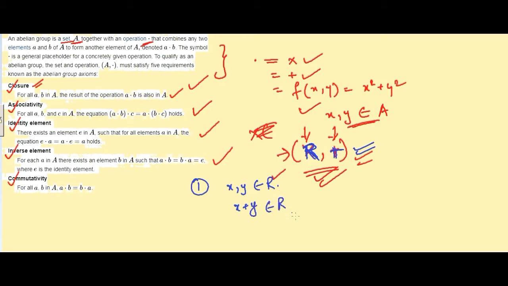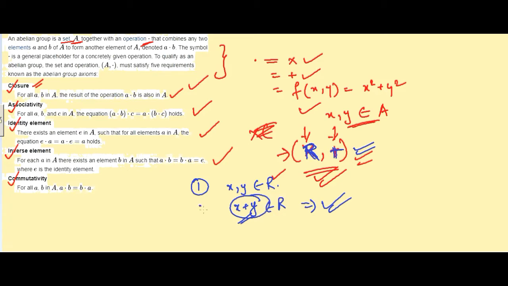As we know that the sum of any 2 real numbers will be a real number. So this closure property is satisfied. Basically when the operation is applied on these 2 elements of the set, the resultant should also belong to that particular set.